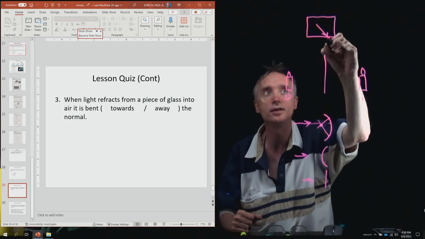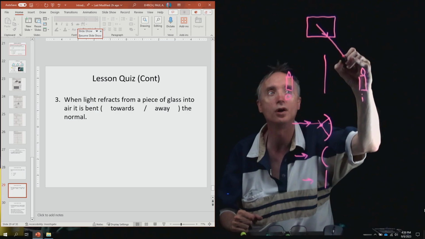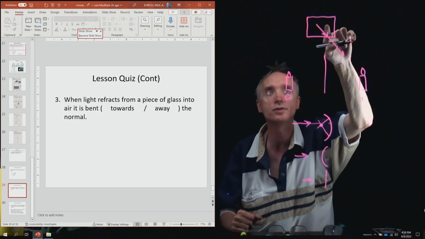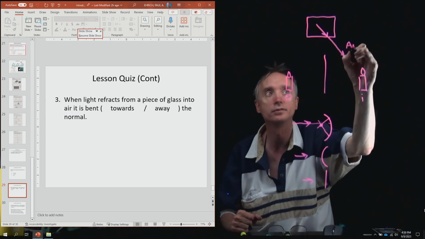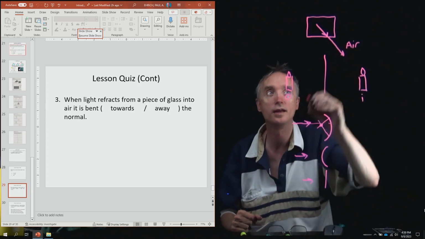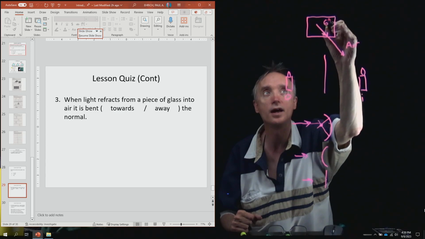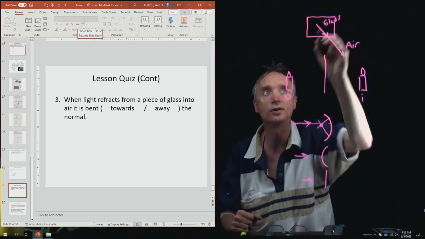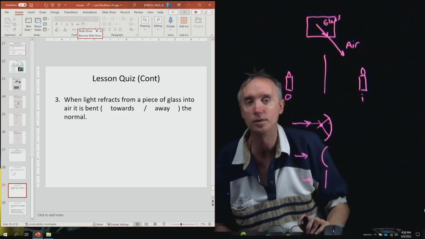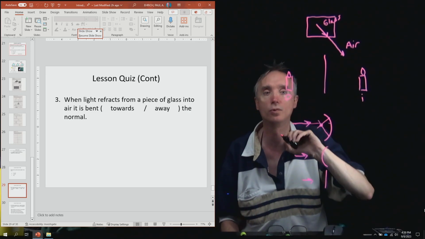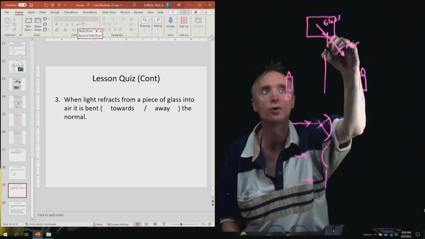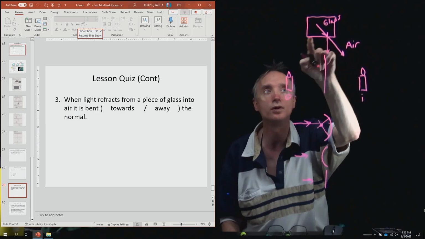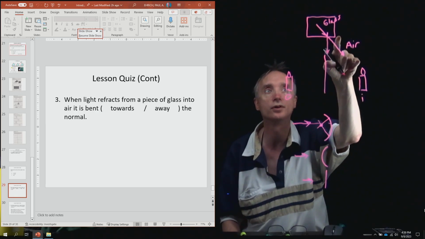This is air out here, and this is glass in here. Here is the normal right there, the one that's perpendicular to the surface.